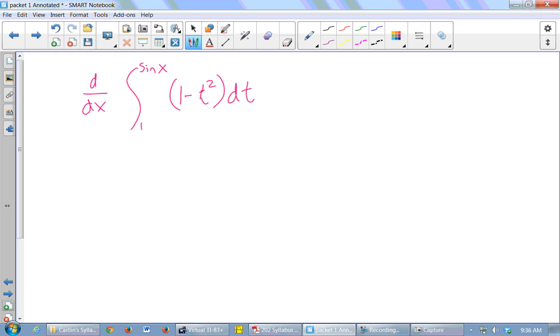Okay, so 1 minus t squared, that's an easy function. I can take an antiderivative of that, right? Which means I can use the old fundamental theorem part 1, the one we've been using a lot. So this would be d dx of, what's the antiderivative of 1 minus t squared?